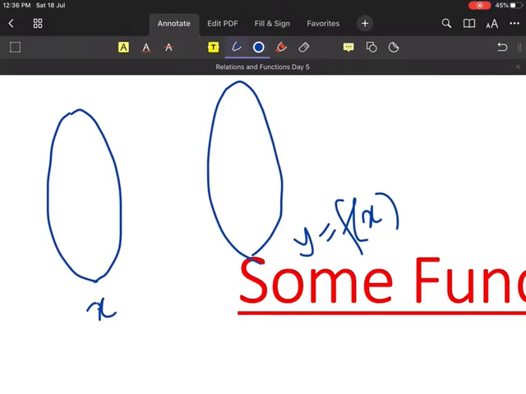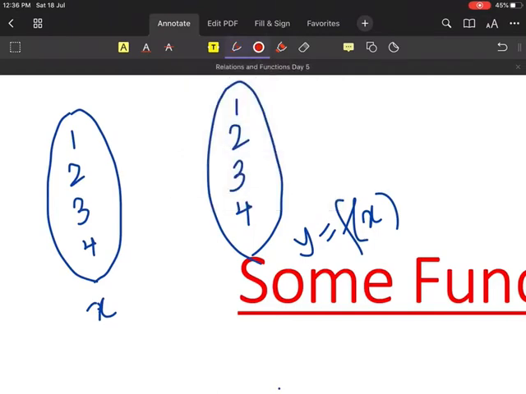Values of f(x) means what? We have discussed this one. Image of x. That's why I'm writing function of x. Am I clear? Please tell me. 1, 2, 3, 4. 1, 2, 3, 4.